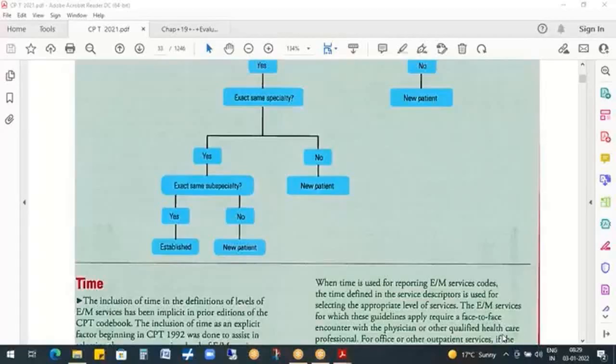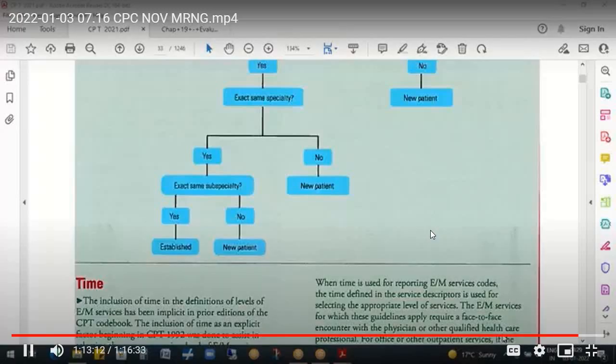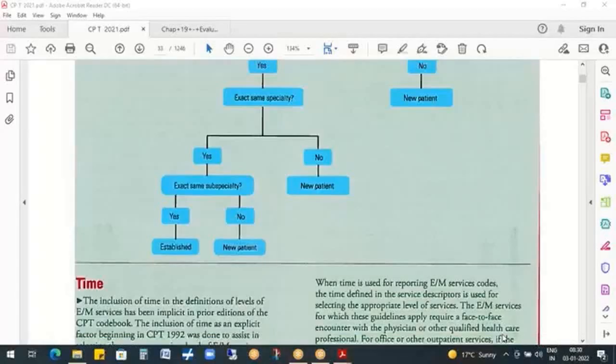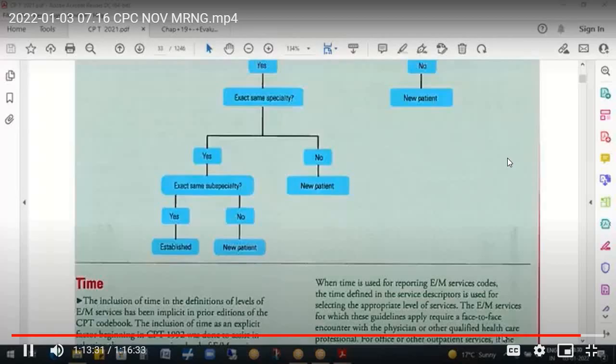Transfer of total care to another physician. This is nothing but a new patient.